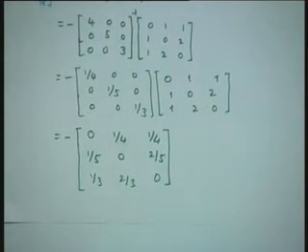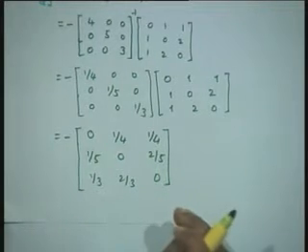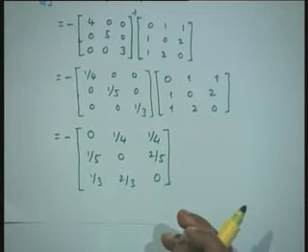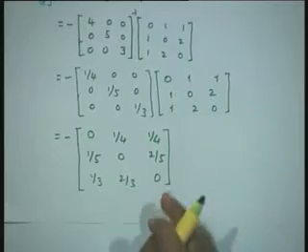So, this is the iteration matrix for our Gauss-Jacobi method. Now, this we are going to use later on to study the convergence properties of the Gauss-Jacobi and also to obtain the rate of convergence, how fast it is converging.